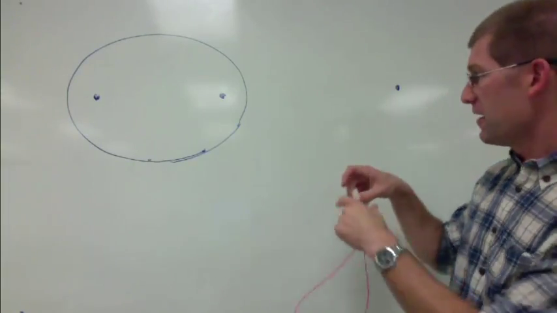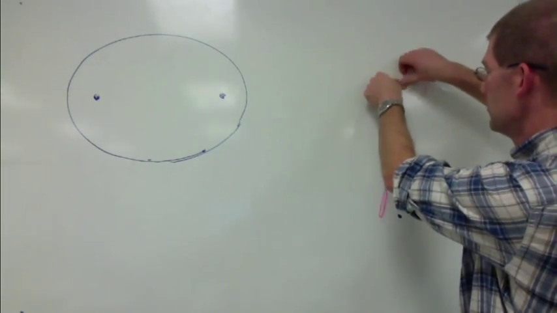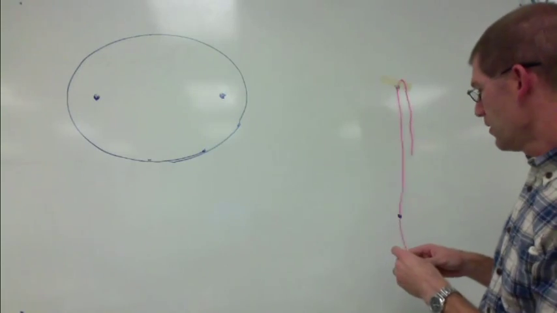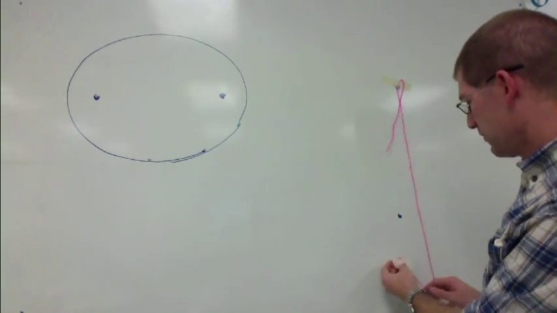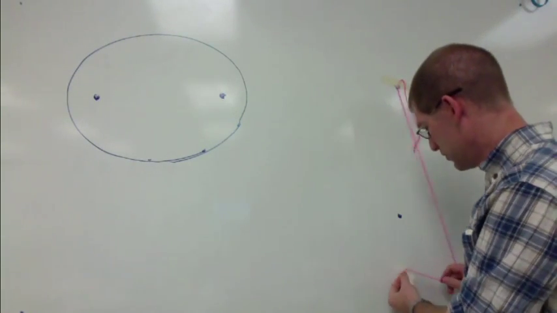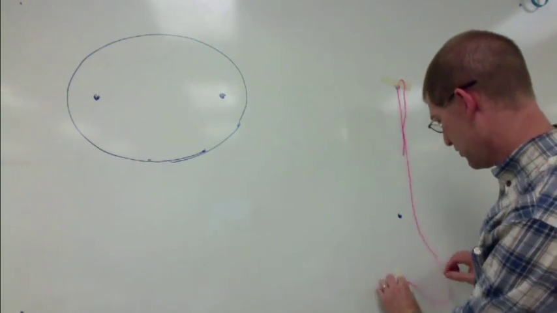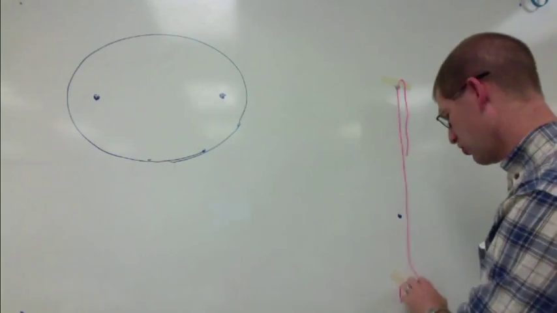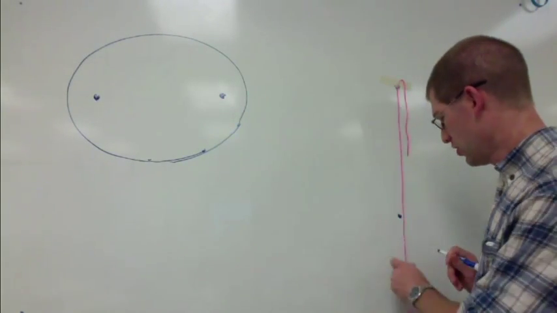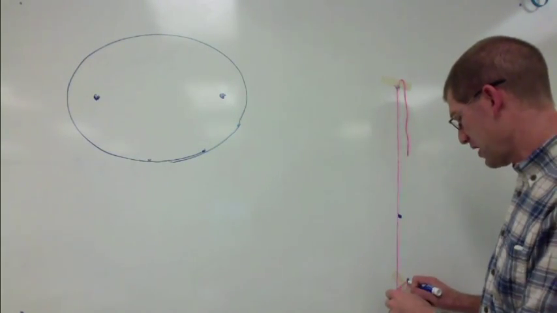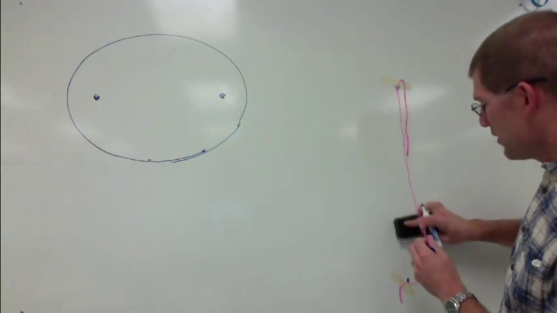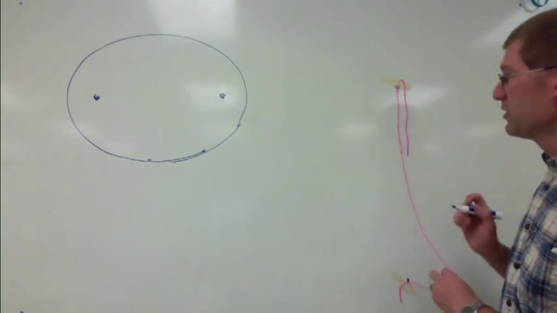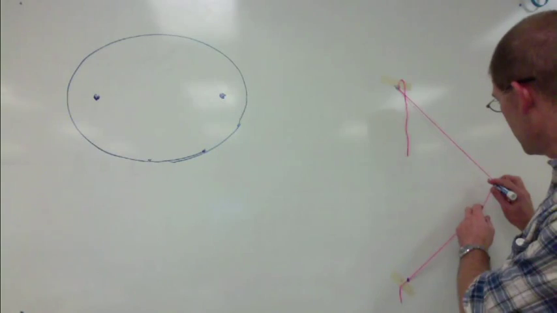Actually, I'm going to put my foci a little bit further apart as well, and put it down there for my other one. Basically, we're getting a circle that's a little bit stretched or squished depending on your perspective. You may think of the elliptical orbits of the planets. The planets all follow an elliptical orbit.